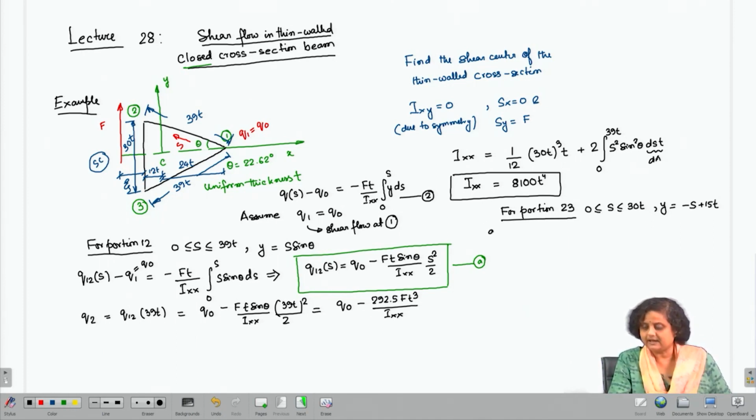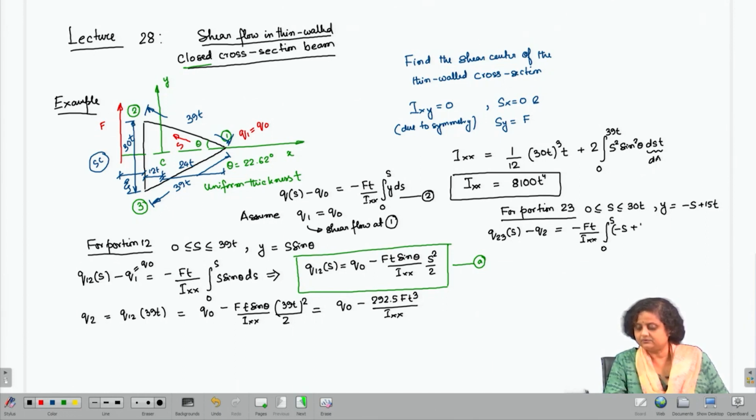Therefore, we can say Q23S minus Q2 is going to be minus Ft by Ixx into the integral from 0 to S of minus S plus 15t into ds.